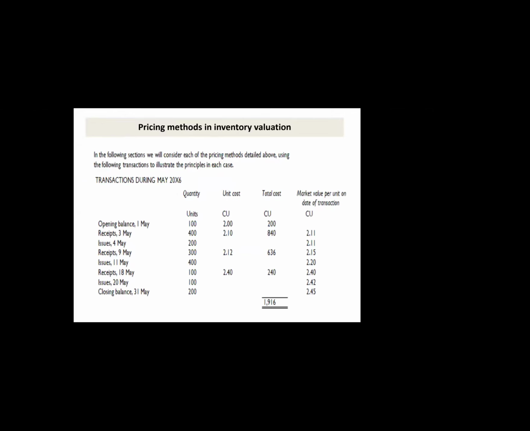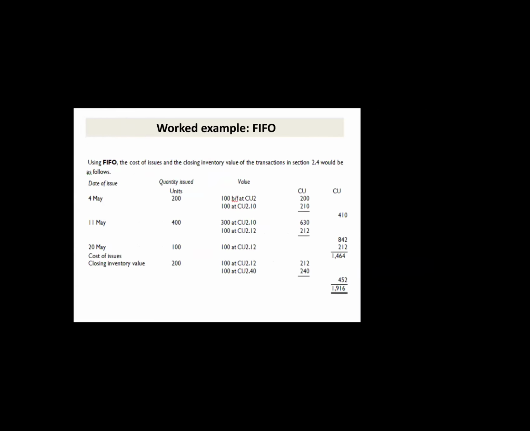As we are using the FIFO method, first of all we issued the opening inventory 100. Then as we need to issue 200, that is not enough, so we issued this 100 and another 100 from 3rd May, 100 at the rate of 2.10. So on 4 May we issued 410.